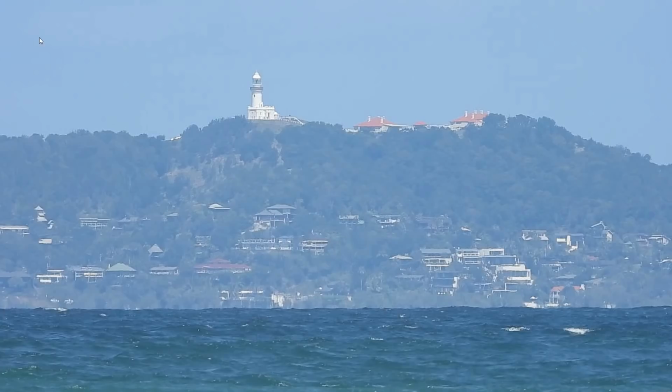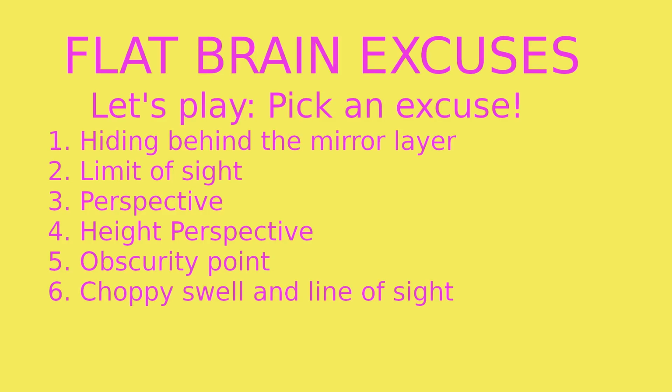But as I said, if that's an obscurity point, then how come it matches the exact point where the horizon is on a globe, a sphere of 6,371 kilometer radius? Coincidental, isn't it? And then Flat Earth Perth, not only does he come up with the limit of sight and perspective, but he loves this choppy swell and line of sight argument.